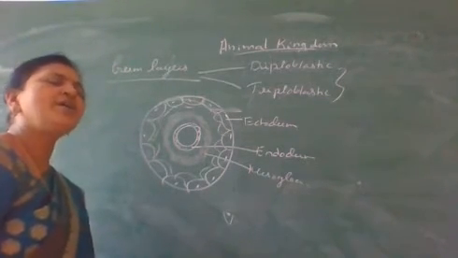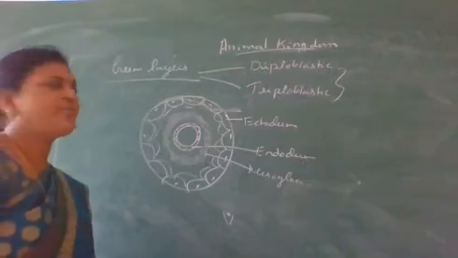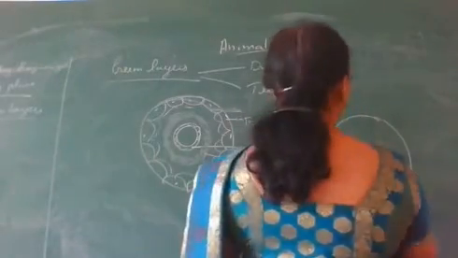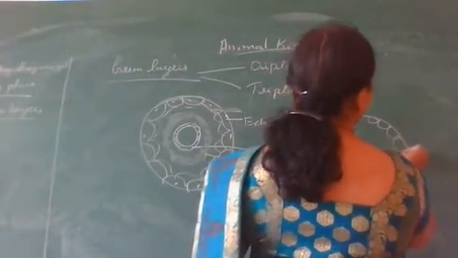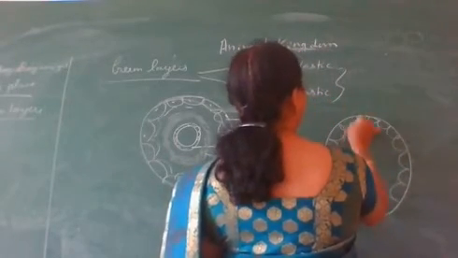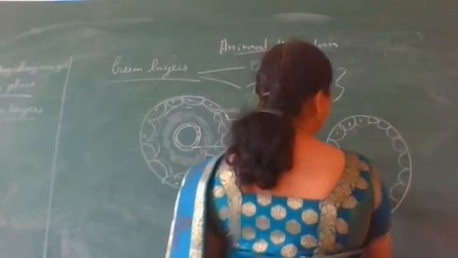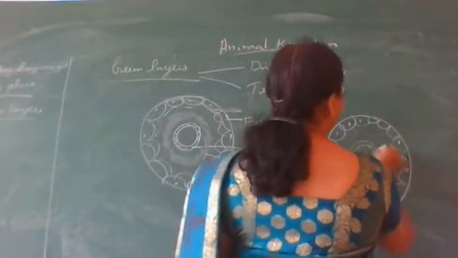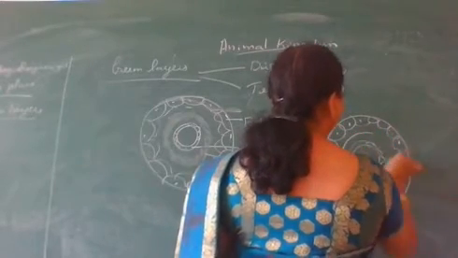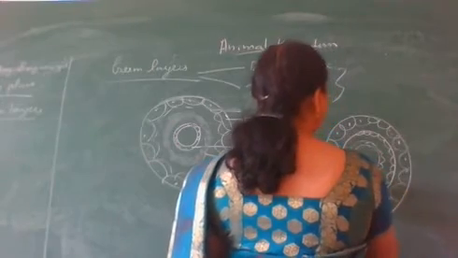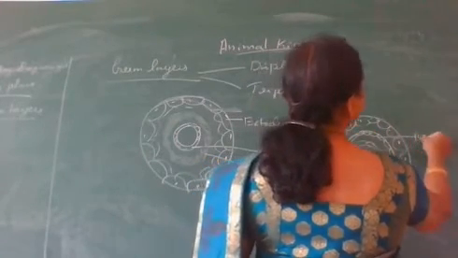And triploblastic animals are those having 3 germ layers: outer ectoderm and inner endoderm, and in between that there is a distinctive layer called mesoderm.